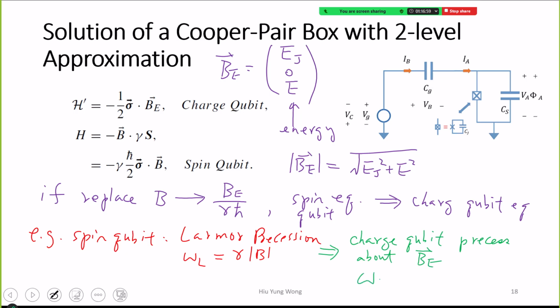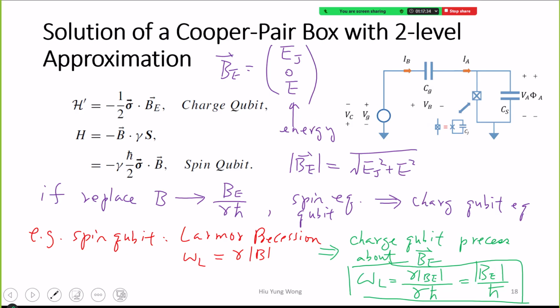And a Larmor frequency of gamma B. I say we need to replace B by BE divided by gamma H bar, right? So it's going to be divided by gamma H bar. So it's equal to BE divided by H bar. It will precess at this frequency. Is the unit correct? Yes, because H bar omega L is energy. Our BE here is energy.